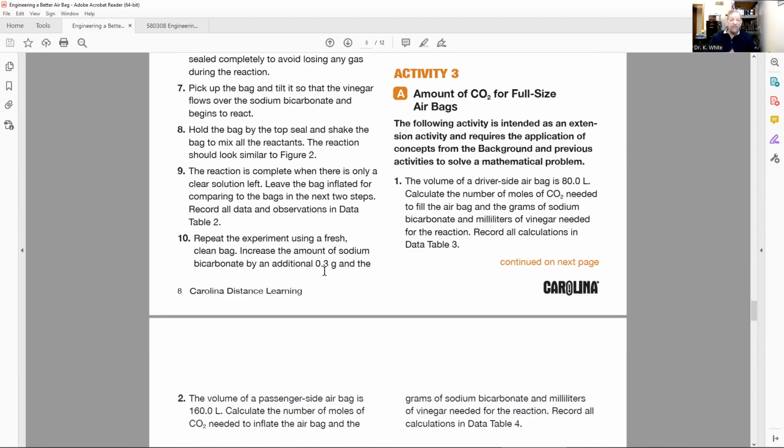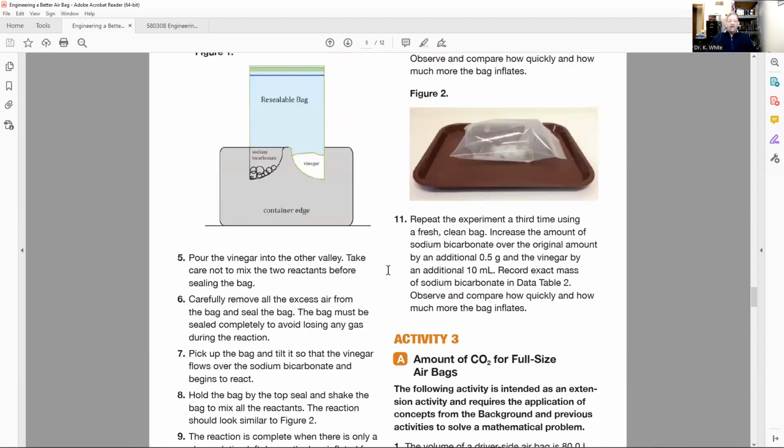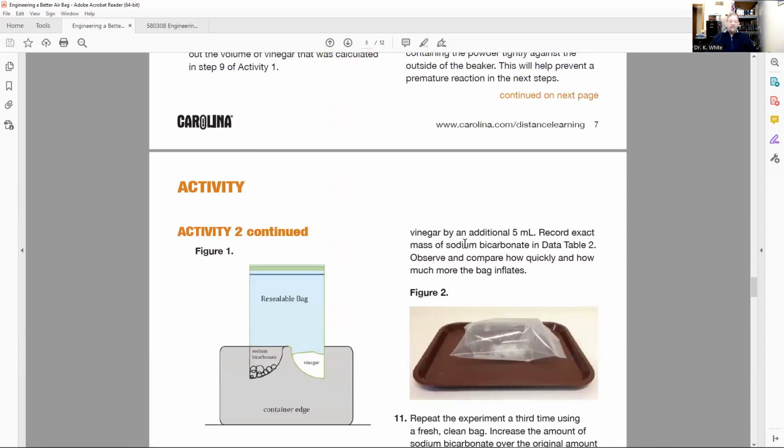So if it was 1 gram in the initial step 1, you use 1.3 grams. And you'll put it on one side of a fresh bag. Good news, you're given 2 more bags to do the reactions. And for the amount of vinegar, I'm just using a number I'm picking out of my head.